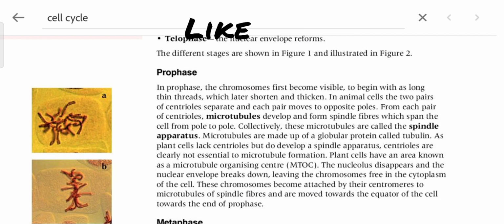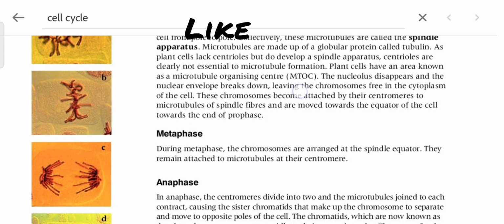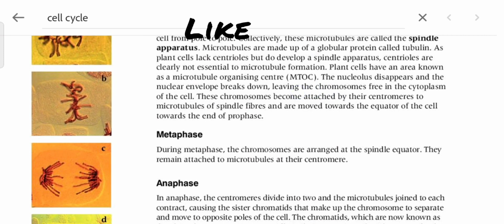Now, we went ahead and said metaphase, that is in the middle. We said the chromosomes are arranged in the spindle equator. They remain attached to the microtubules at their centromeres.